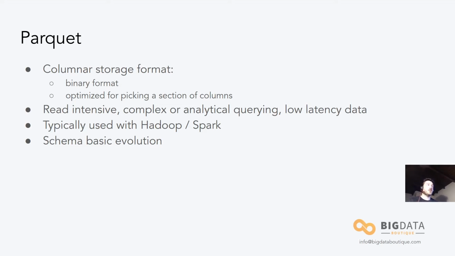But being binary means the performance is going to be a lot better, because it's designed to be processed by a machine. So you are only storing the information in the way a machine needs to understand what is inside.